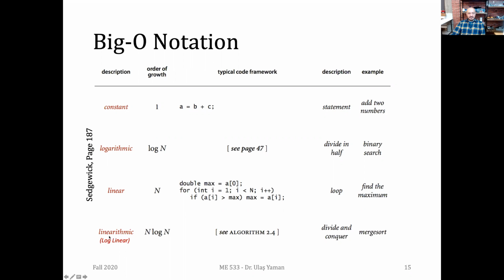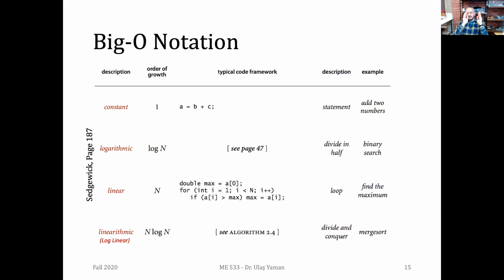And then we have the multiplication of these two. This is called linearithmic, or sometimes log linear time complexity. It's quite difficult to implement such algorithms. And we have a famous example for it, divide and conquer. We will see an example in the upcoming slides, the merge sort example. We will divide the regions into half first, and then do some computation. We will be sorting the numbers from the lowest number to the highest number, and then try to join them together.